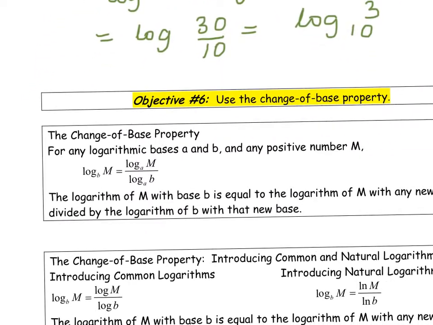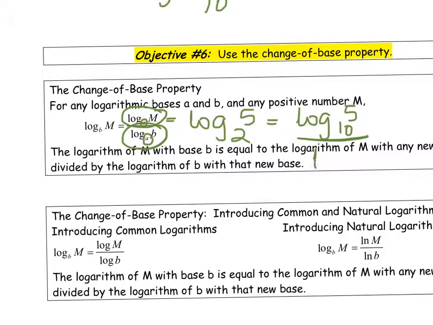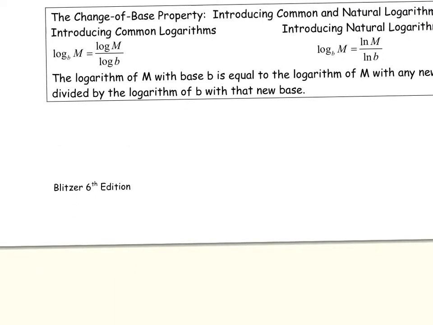Alright, change of base property. Log m to the base b is nothing but log m to a common base over log b to that common base. So if I want you to find log 5 to the base 2 in your calculators, you're simply going to say log 5 to the base 10 over log 2 to the base 10. Alright, let's see how to work this out.